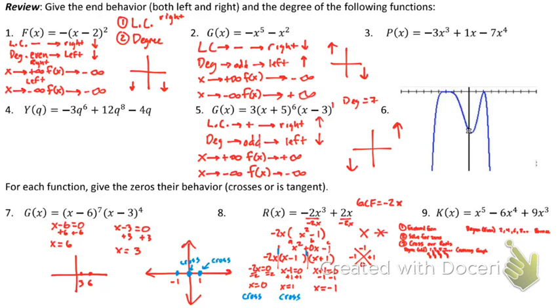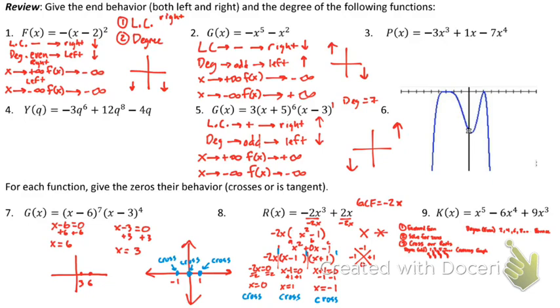And then last but not least, X equals -1 came from the factor X plus 1. What's the power of that factor? It's 1, which means this one is going to get crossed as well. We're going to cross through it on the graph. So this one gets a cross.